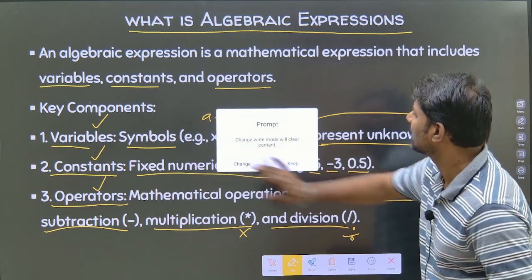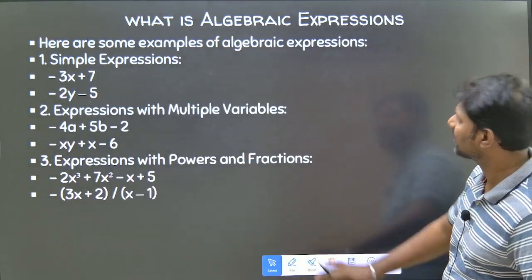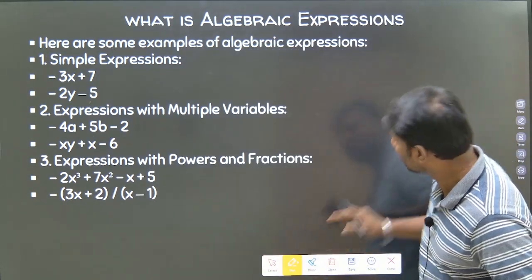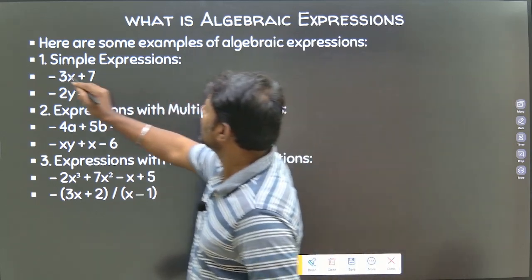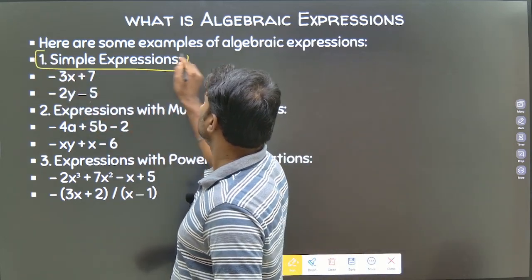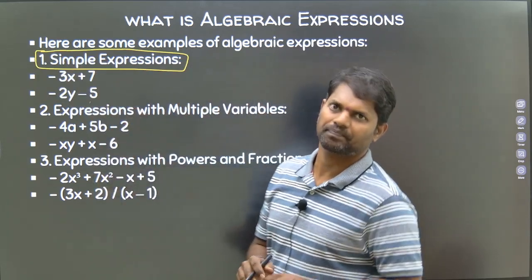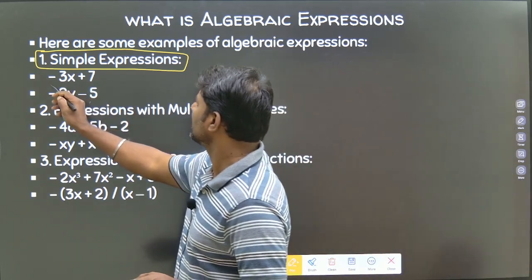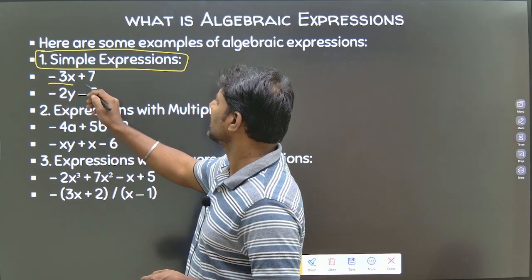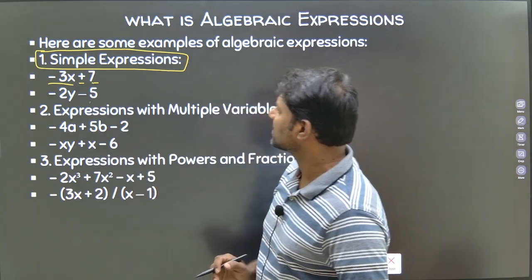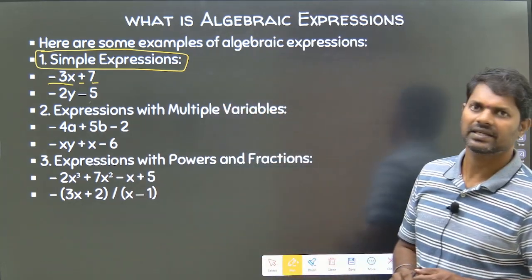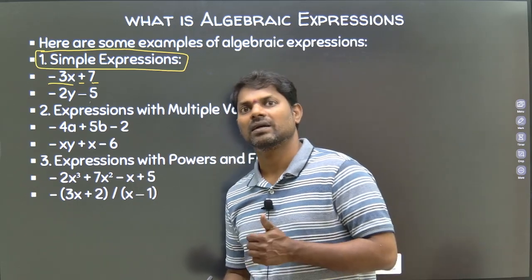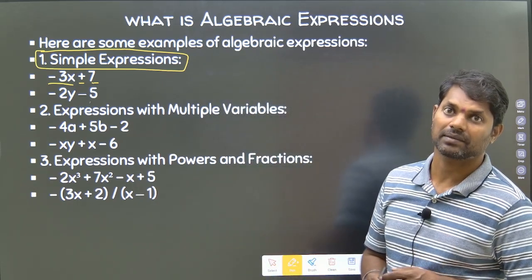Now let's see some examples for better understanding. Here is a simple expression. How to read this expression? Minus 3x plus 7. This is a simple algebraic expression. Why is it called simple? Because it contains only one variable, and there is no square term.